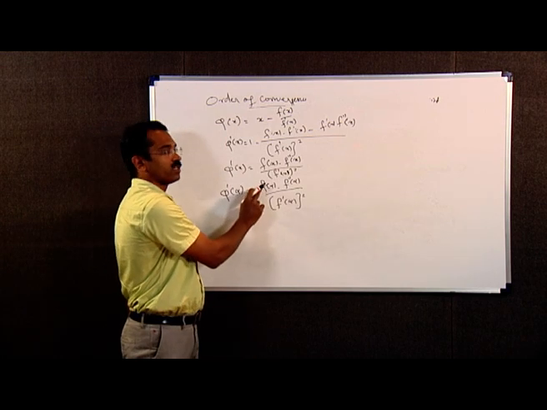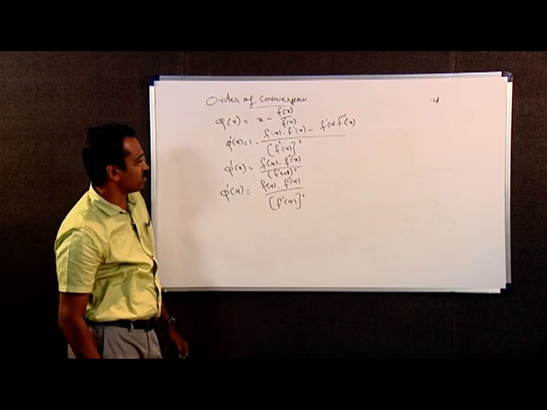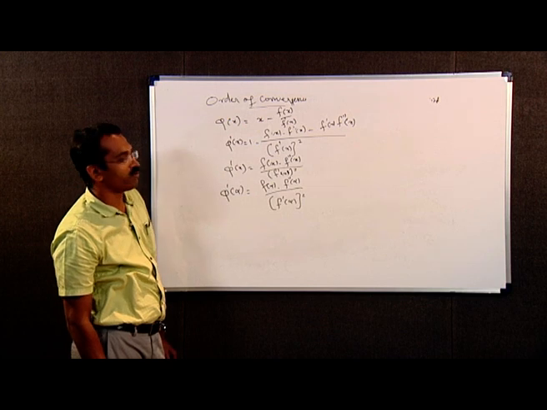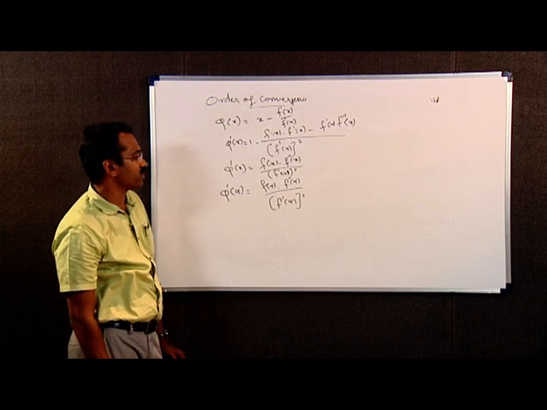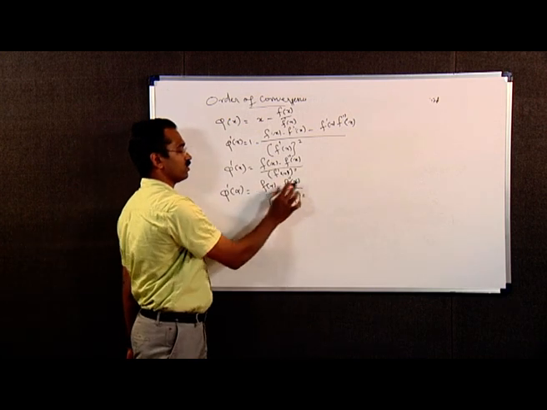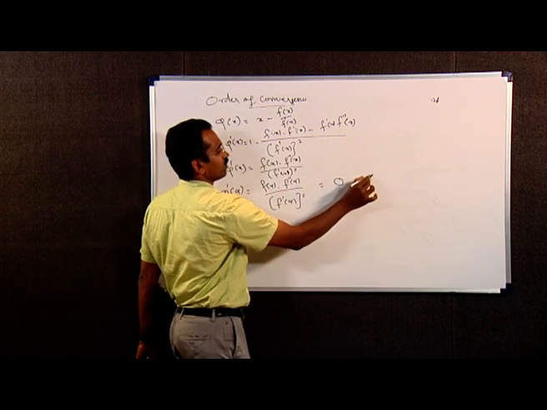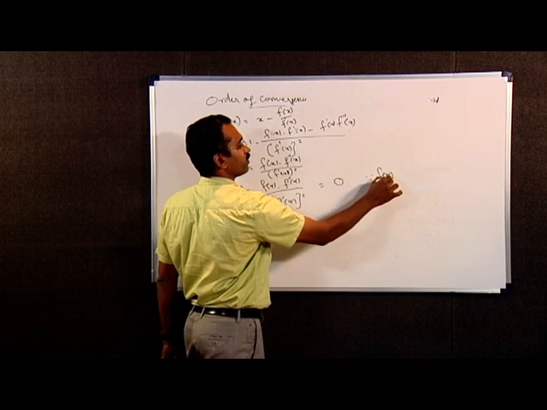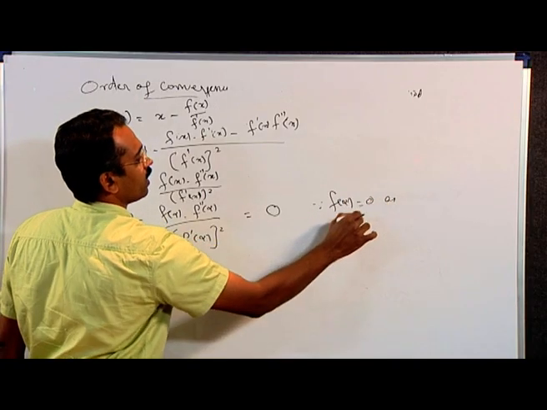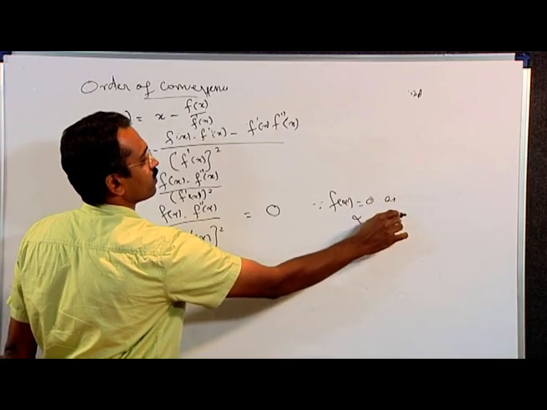But f of alpha equal to 0, because alpha is the exact root of the equation f of x equal to 0. Therefore, f of alpha equal to 0 implies phi dash of alpha equal to 0. The reason is f of alpha equal to 0, as alpha is a root.